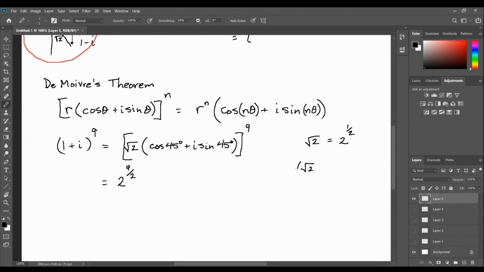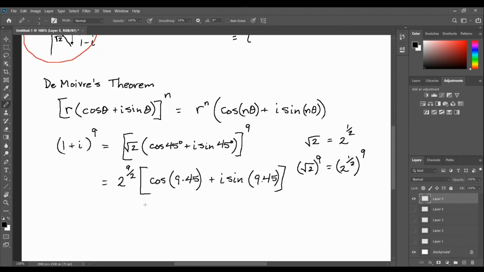So square root of 2 to the 9th would be 2 to the 1/2 to the 9th power, and you multiply exponents. 9 times 1/2 is 9/2. Now we've got cosine of 9 times 45 plus i sine of 9 times 45. 9 times 45 is 405.